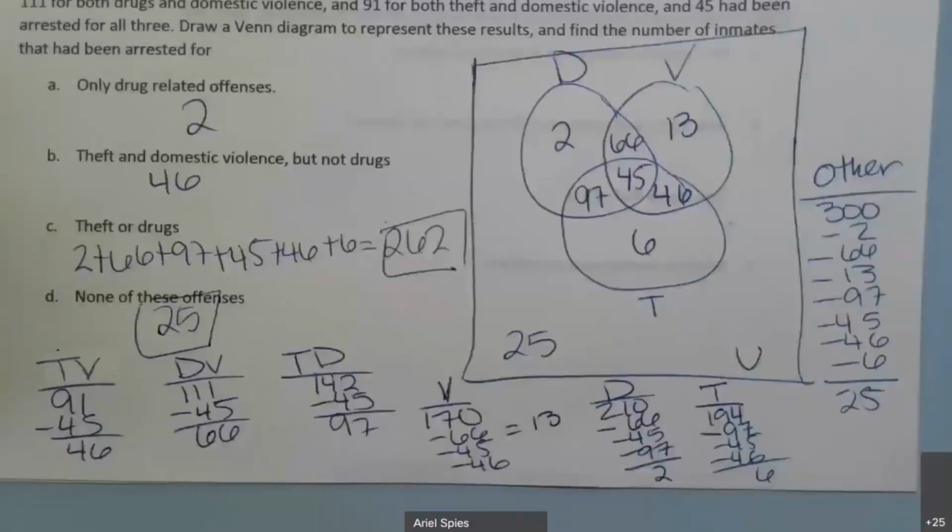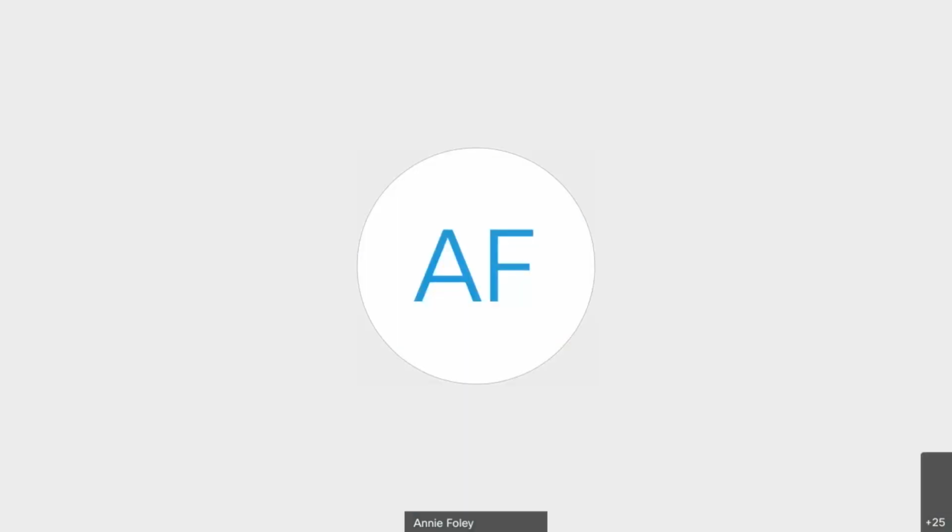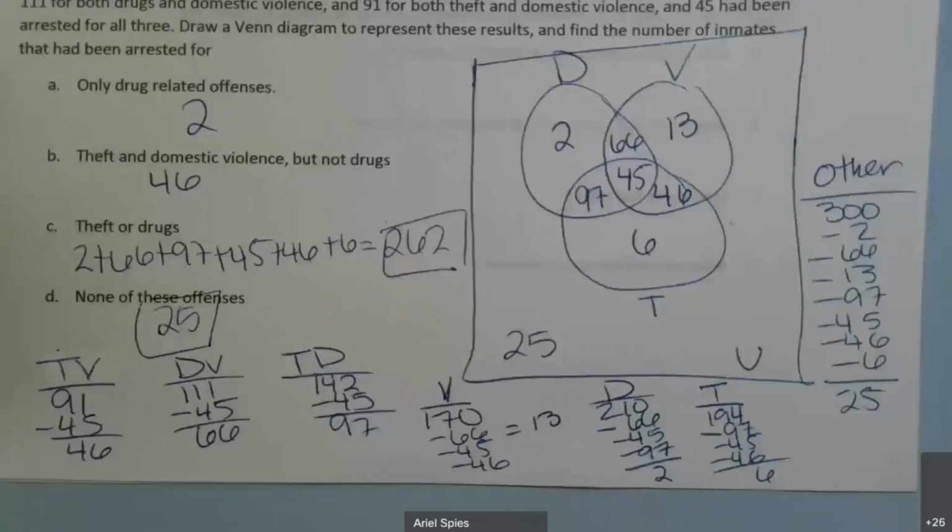Annie, did the screen problem get fixed? Yeah, it's better for me now. Okay. Let me know when you're ready for me to move on. I just need to take a picture real quick. Oh, okay. I think I'm just missing one part. Is there a way you could zoom out a little bit more?